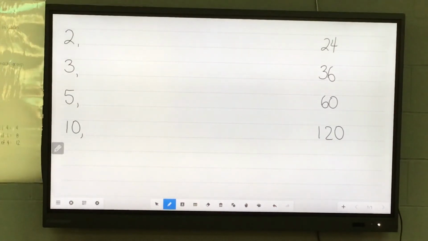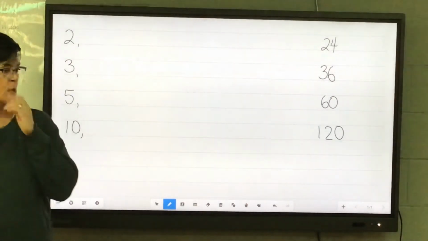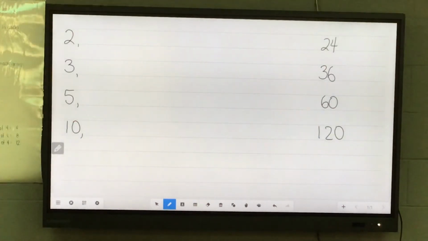Is it okay if you need to, on 3s, say 3, do it that way? That's absolutely fine. It's just those counting patterns that we're becoming more and more familiar with.